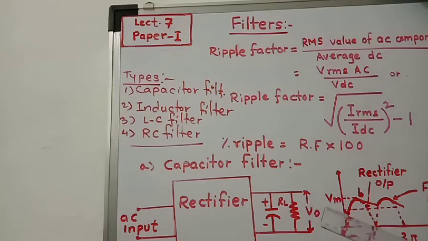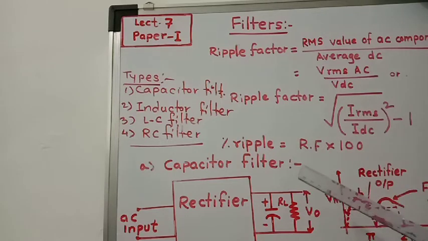Generally, a big electrolytic capacitor is used for a filter circuit. If the capacitance value is large or the load resistance value is large, then the ripple is very low. That is, this capacitor filter is generally used when the load resistance is high or large. For large load resistance, the capacitor filter circuit is used.